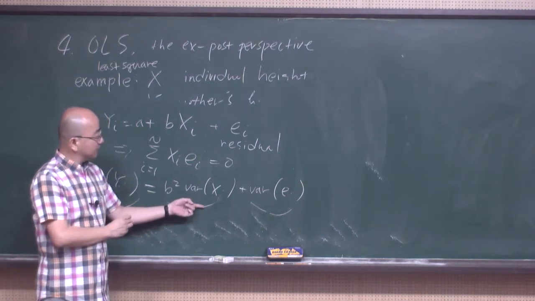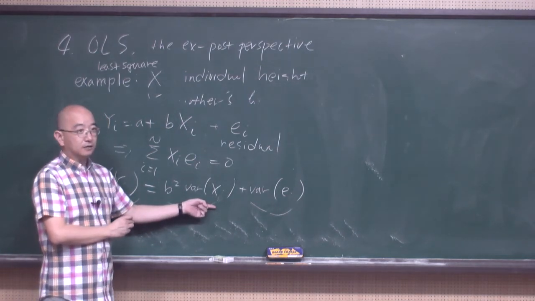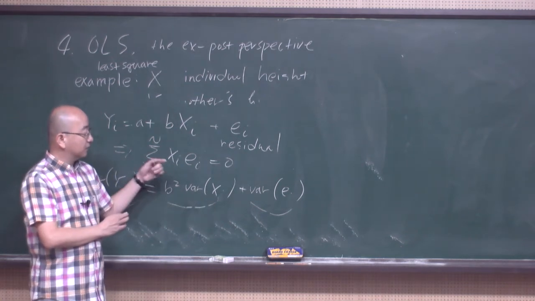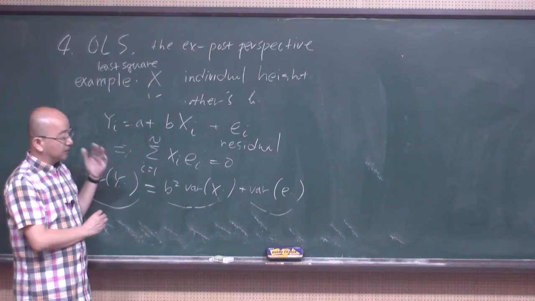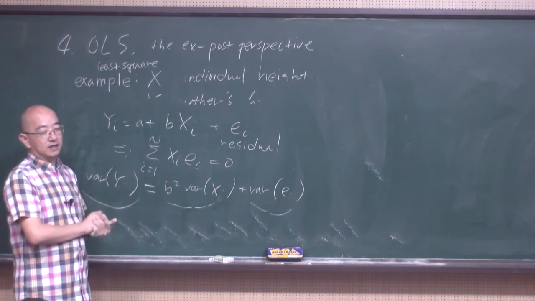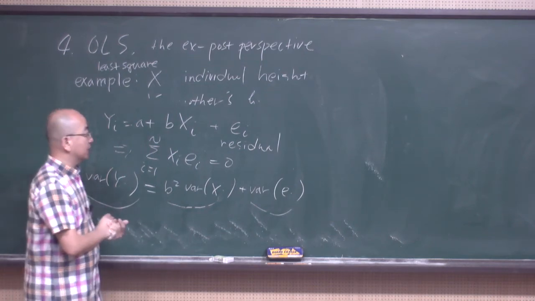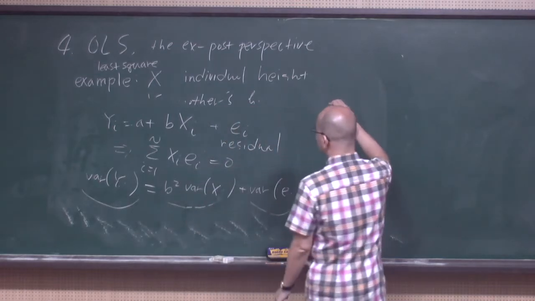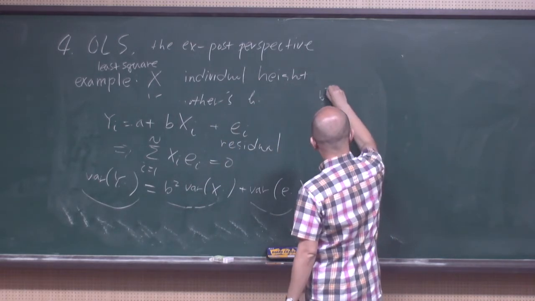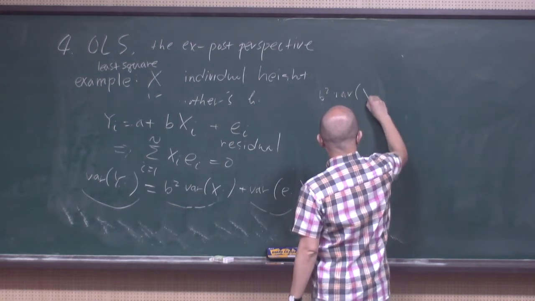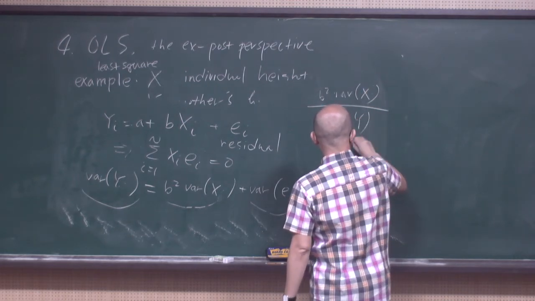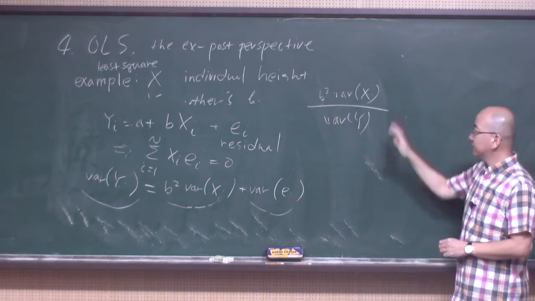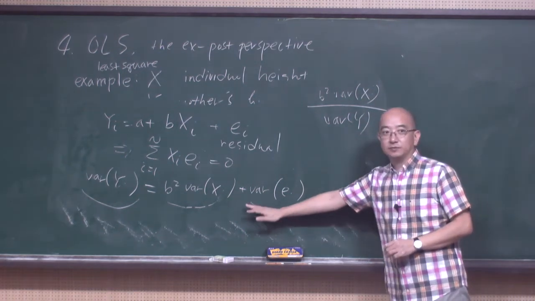So we consider this. If this number is relatively higher, then this suggests that the regression line is summarizing data well. And for that, we calculate this ratio, which is always less than 1 because we drop this part.